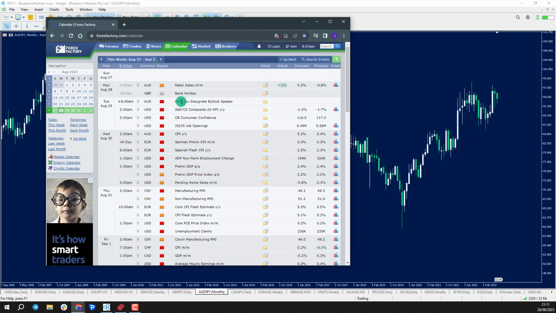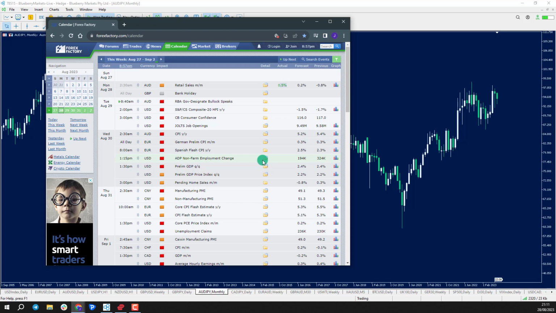We've got the RBA governor designate Bullock speaking as well. We also have some CPI year-on-year data coming up, and then we have manufacturing PMIs in China, which I think is probably going to be a big one for the Australian dollar, Japanese yen this week. Obviously, again, that risk on, risk off play with regards to if we do see further economic slowdown in China, how is that going to affect the Japanese yen?